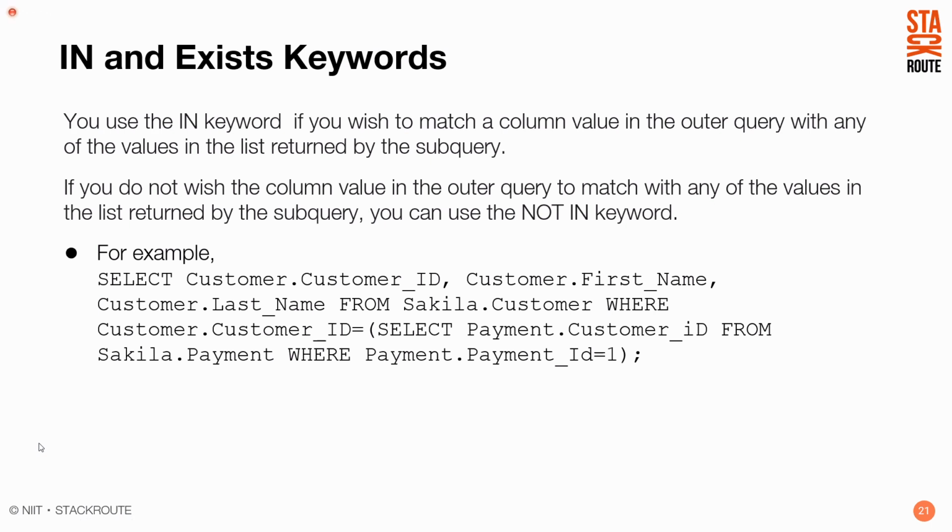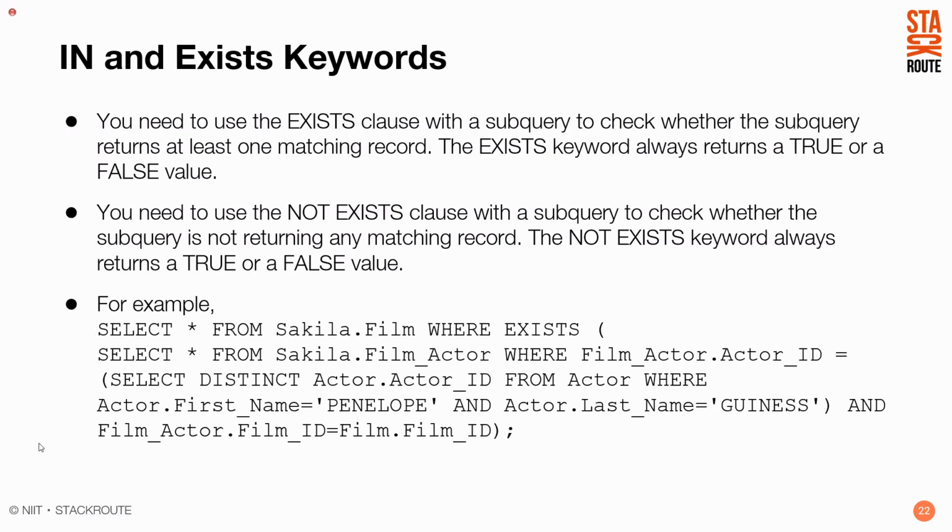If it matches with any of the records, it is equivalent to or, whether product ID equals 201 or 205 or 206, something like that. Whereas exist, if the record exists, at least one record, the outer query data will be triggered and you will get the output. If it does not exist, it will not produce the output.